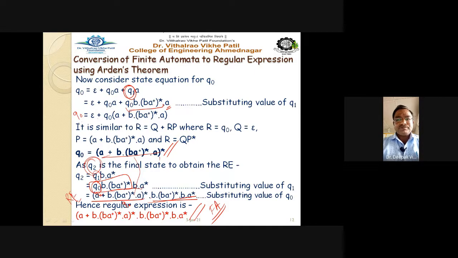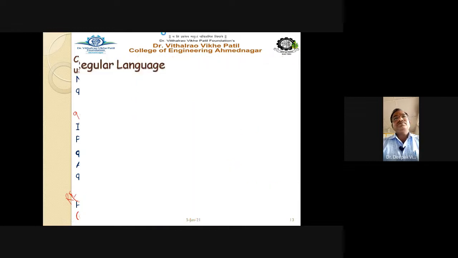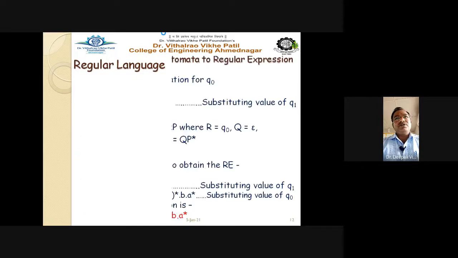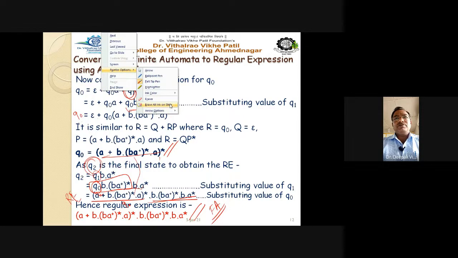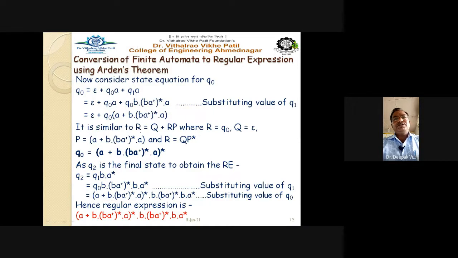Getting this point? So okay, that's all about the conversion of finite automata to regular expression. With the help of Arden's equation, R equal to Q plus RP, we are able to solve the finite automata to get the regular expression. So first write down the state equation of each state.